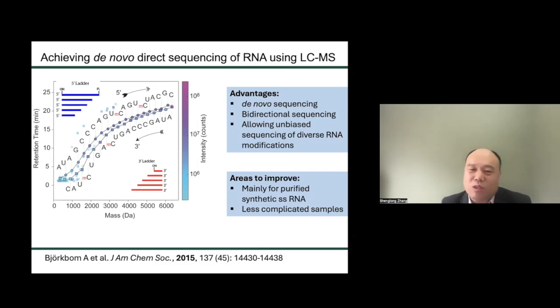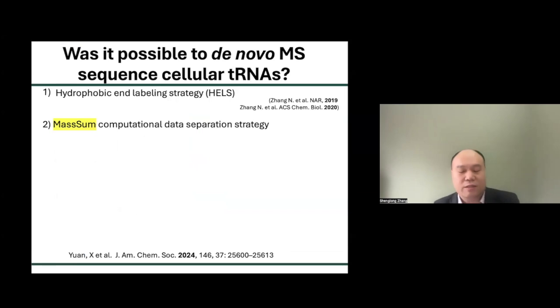However, this method also has limitations, mainly because it is limited to highly purified short RNA. It will be difficult to handle complicated cellular samples, because they have many RNAs in a mixture. So the question we were asking then is, is it possible for us to de novo mass sequence cellular tRNA?